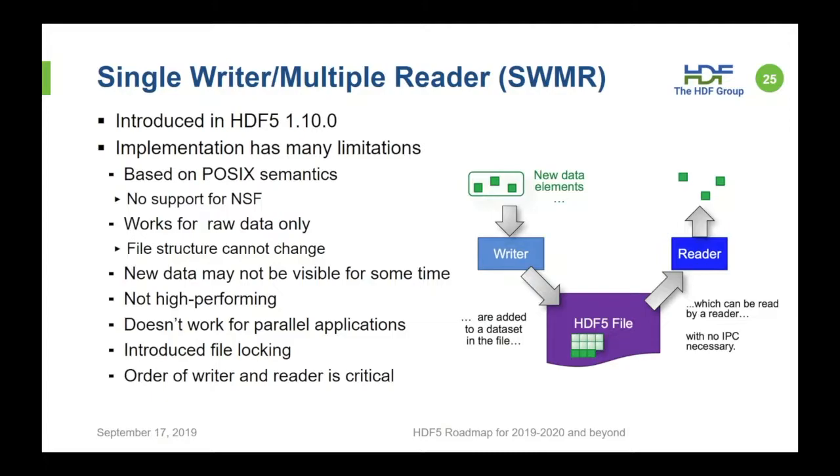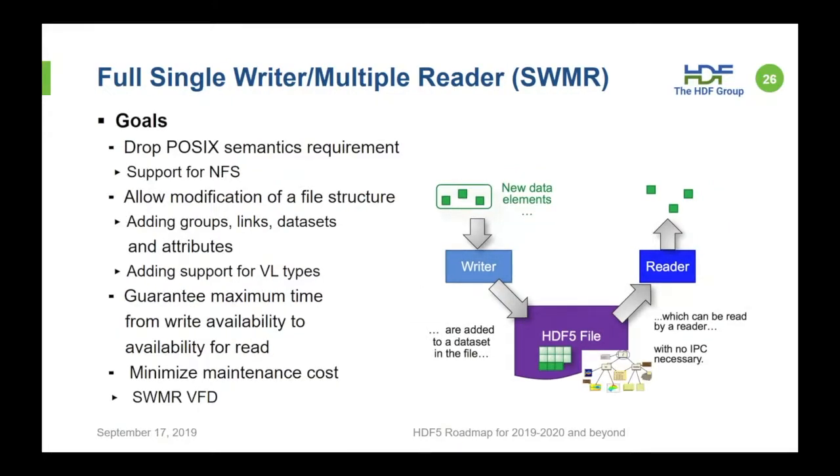So we are working on a new implementation that drops POSIX semantics, and we can now support NFS. It allows modification of the file structure, where we can add group links, datasets, and attributes. It will also support variable length data types.